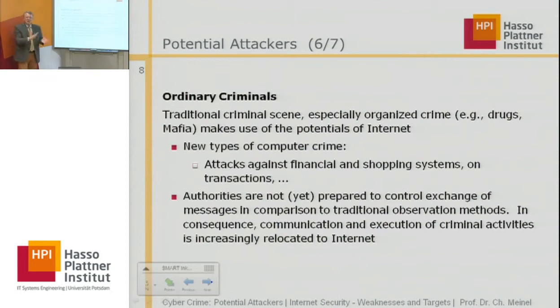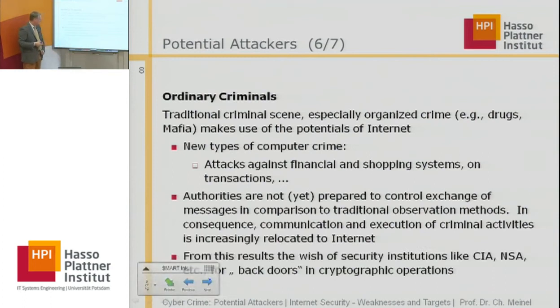Where is the boundary? What control mechanisms is it allowed to use by these security authorities in their fight against attackers? And of course the public is afraid that such methods are also used to control other communication over the internet.